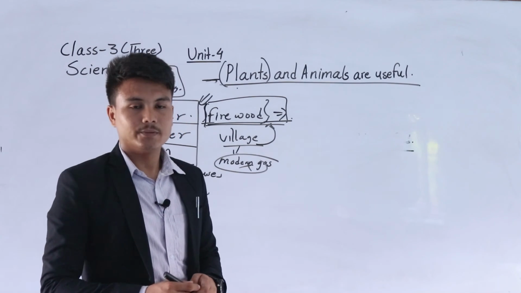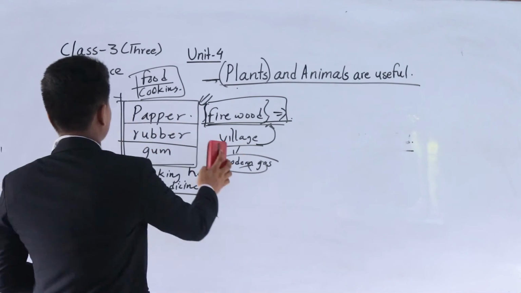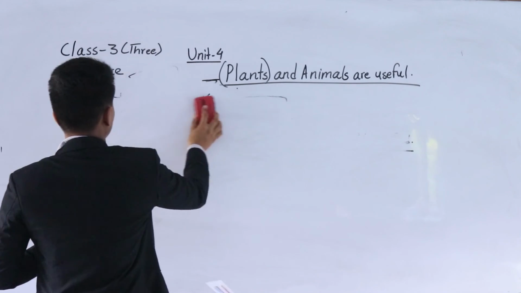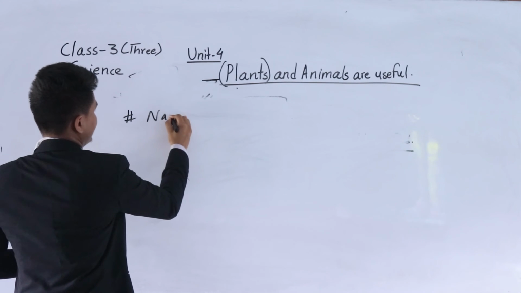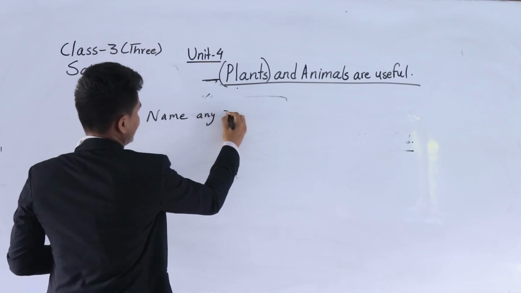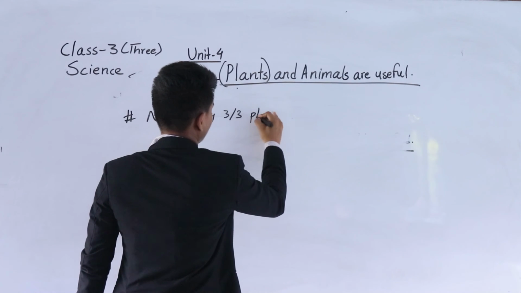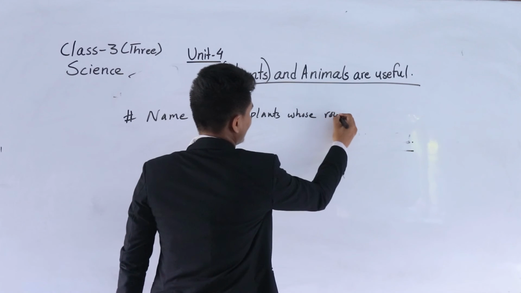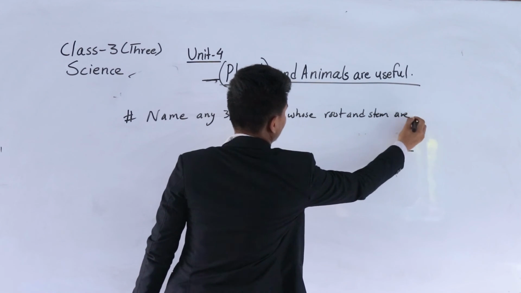So class, this was for today's class. I would like to give some homework for you. Please note it down. Name any three plants whose root and stem are eaten as food.